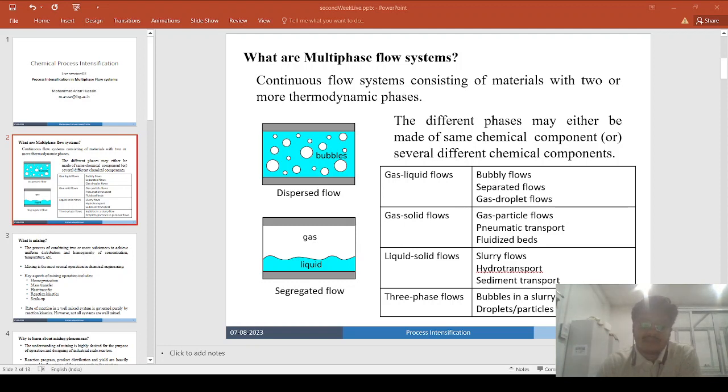One very common example of reactive distillation is esterification and hydrolysis reactions, which are catalyzed by acidic ion exchange resins like Amberlyst 15. In reactive distillation, the reaction and distillation take place within the same zone of a distillation column.